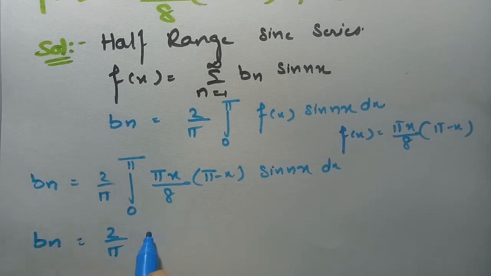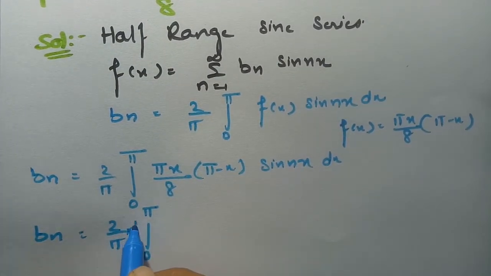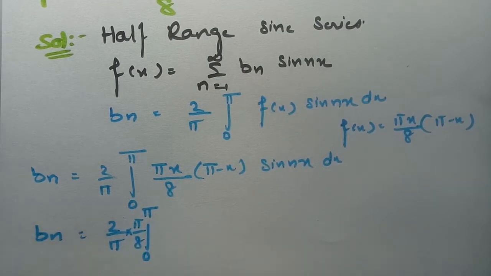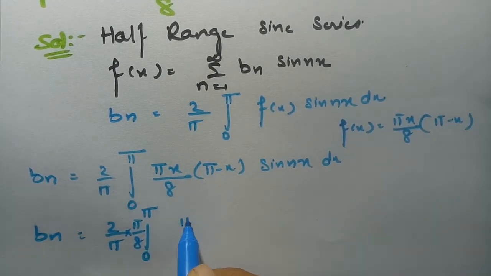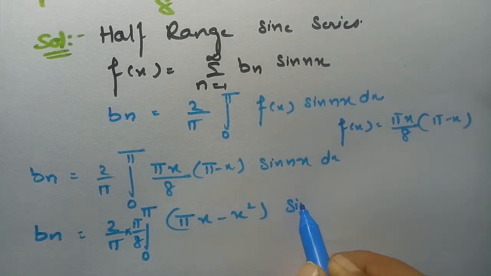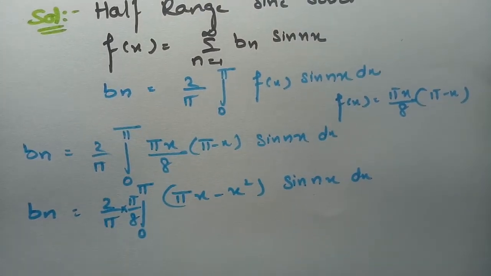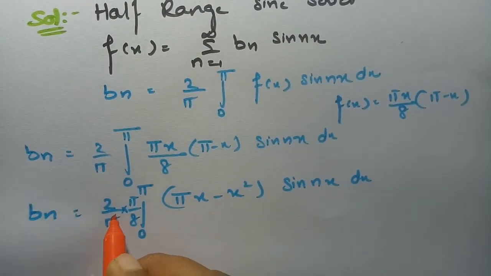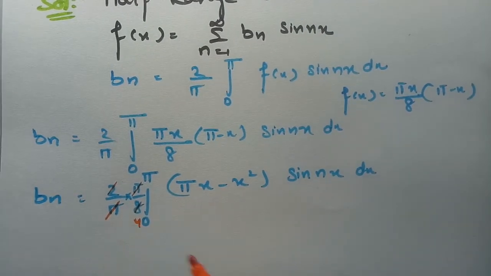I am bringing it outside. Then what remains? x remains. If I multiply this one, it will be pi x minus x square into sine nx into dx. So I can cancel this pi and 2 for 4 times.